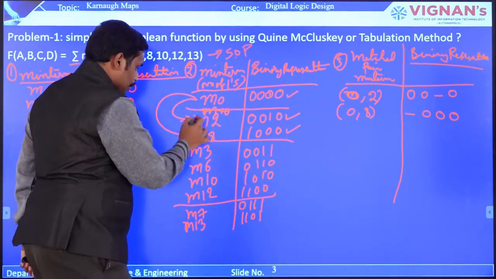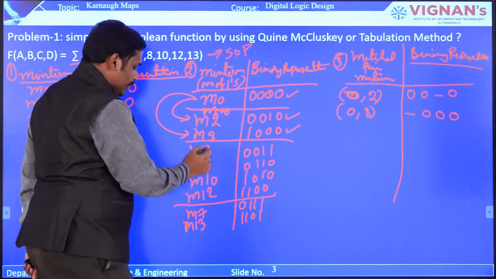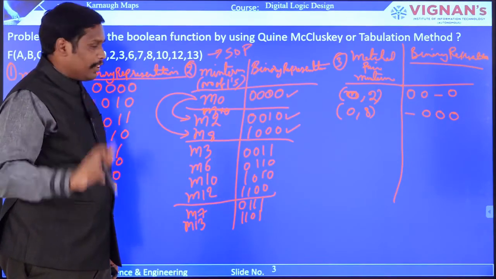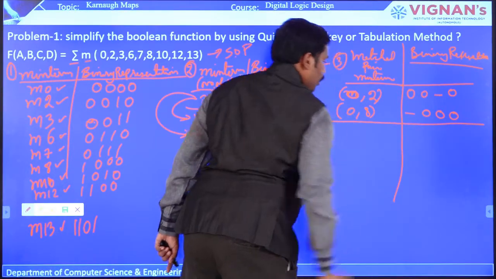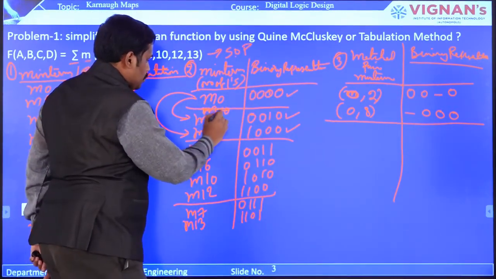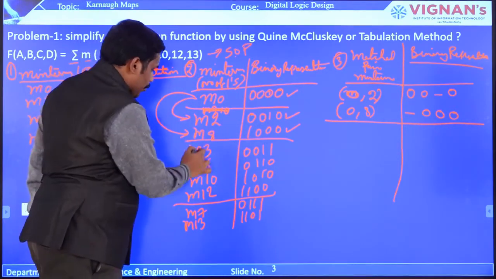Now we will see this particular group with this particular group. Are you getting it? We will check in such a way that only one bit position has to differ, and that bit position must be replaced with underscore, right? So now here it is M2, which is 0, 0, 1, 0, and M2 can be compared with M3.